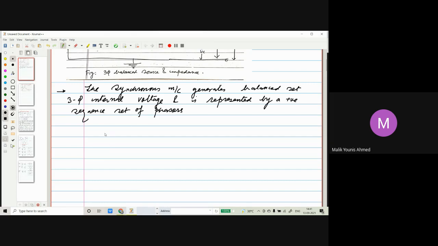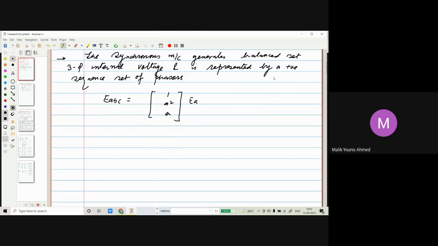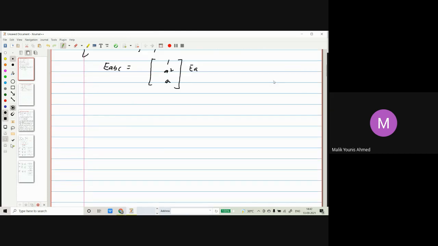That means we can represent the ABC EMF of the synchronous generator as 1, a squared, a times EA. The machine generates balanced three-phase internal voltage and is represented by the positive sequence set of phasors.